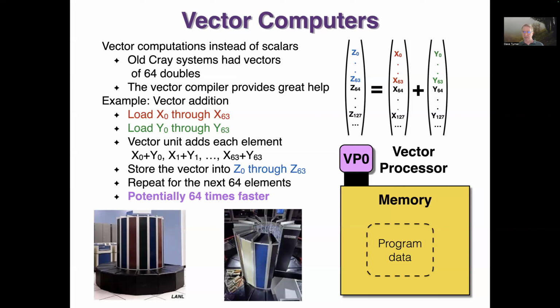But since it's done in multiple steps, you can be doing the first part on X0, and then when it's done, you can be doing the second mini step on X0 and Y0 while you're doing the first step on X1 and Y1, and then go on like that. And so you're overlapping the mini steps that are done within a given clock cycle to make it look to the user like you're doing 64 things at the same time.